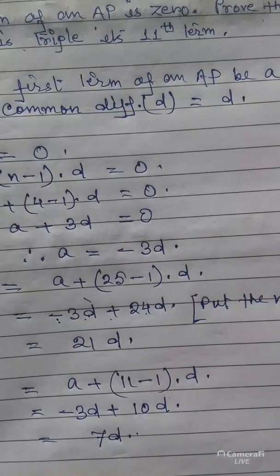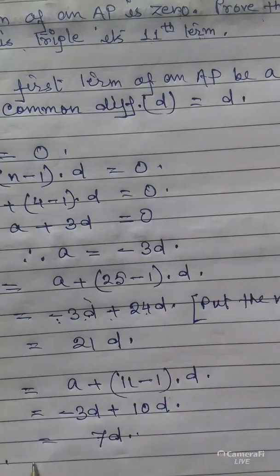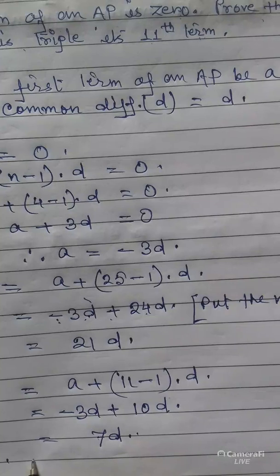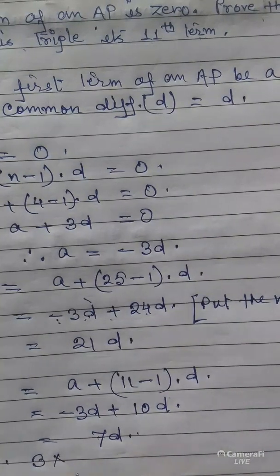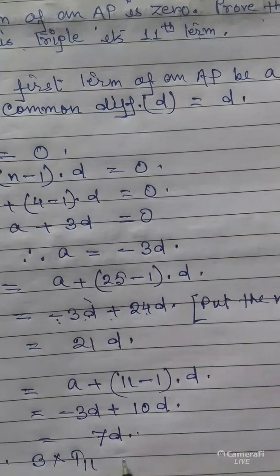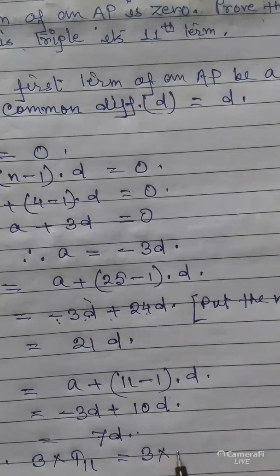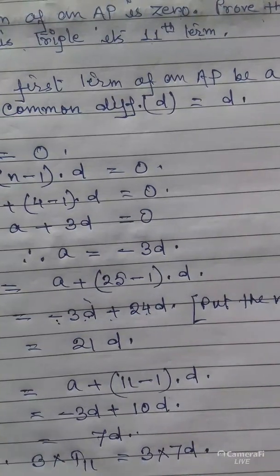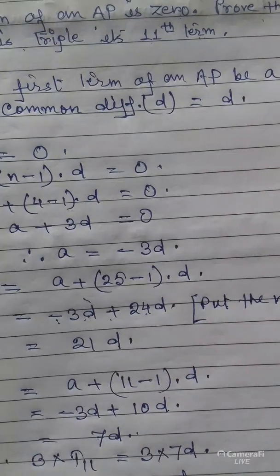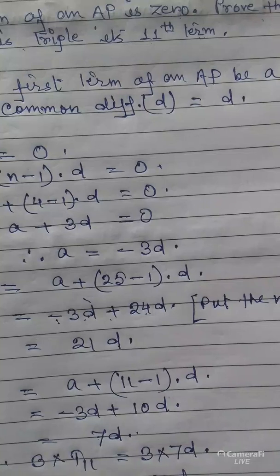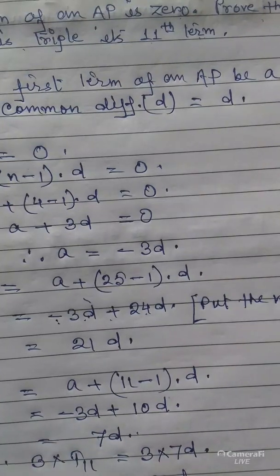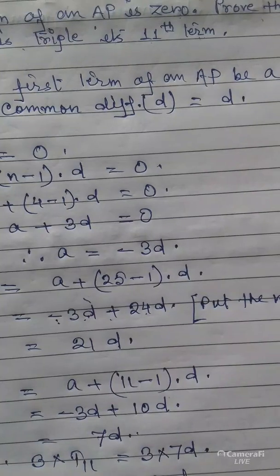Therefore, triple its 11th term means 3 into T11 equals 3 into 7D, which is 21D. Therefore the 25th term equals 3 into the 11th term.